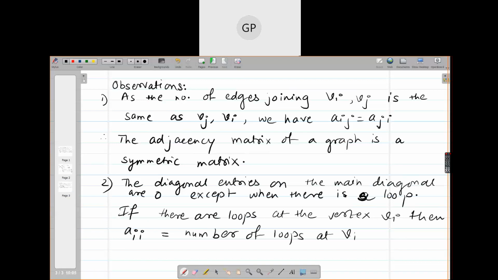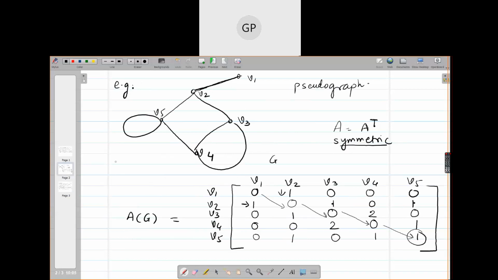Right now at V5 there is one loop, therefore the A55 entry, fifth row, fifth column entry, is 1.